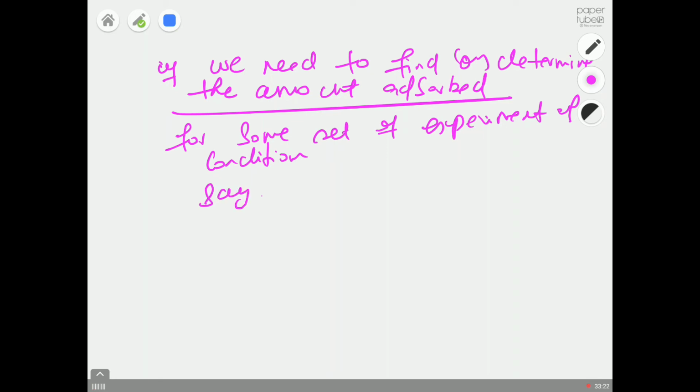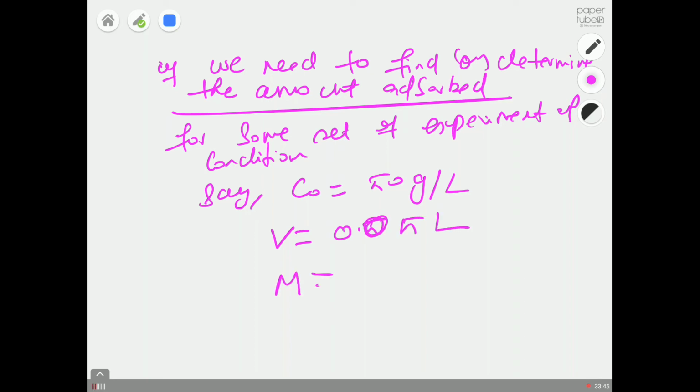say your C0 is 50 grams per liter, and then say your volume is 0.05 liter, say your mass is equal to 0.5 grams for example.